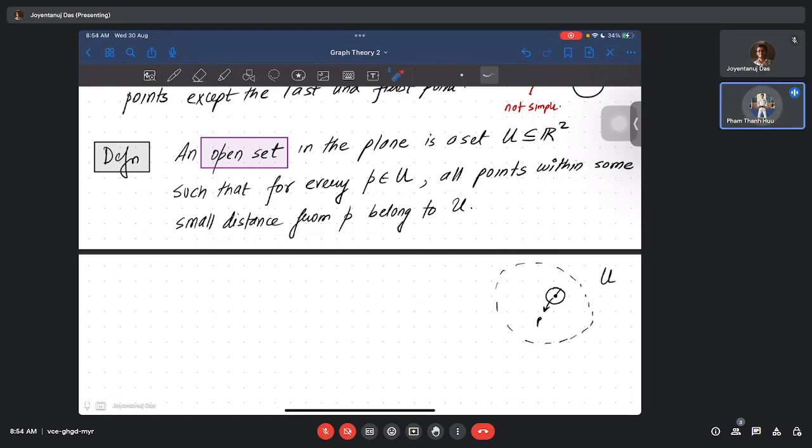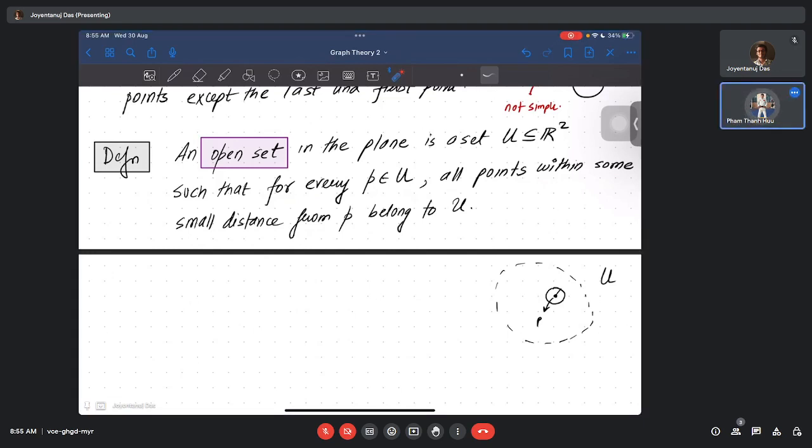But every point in this definition excludes the border, right? So if we exclude the border, the definition of open set and closed set is the same.